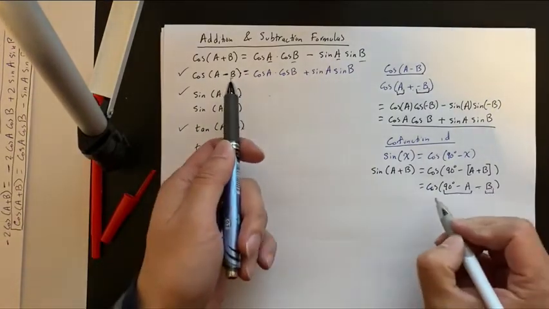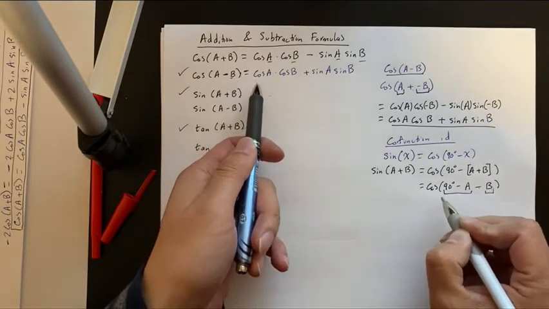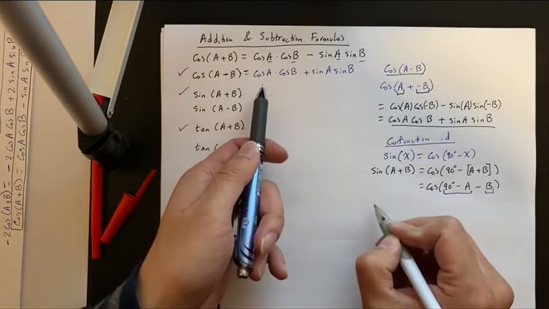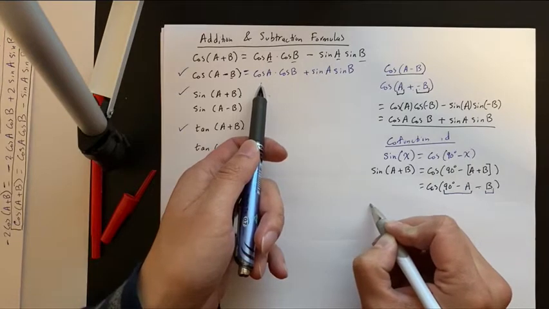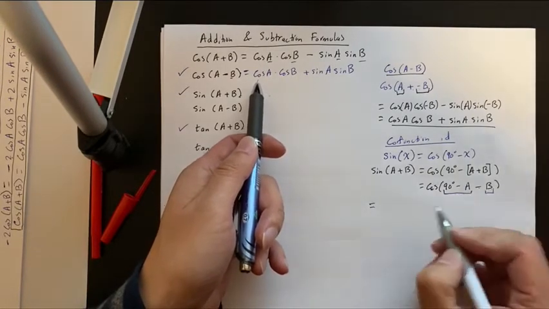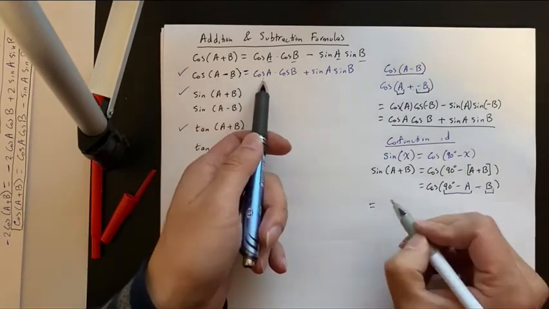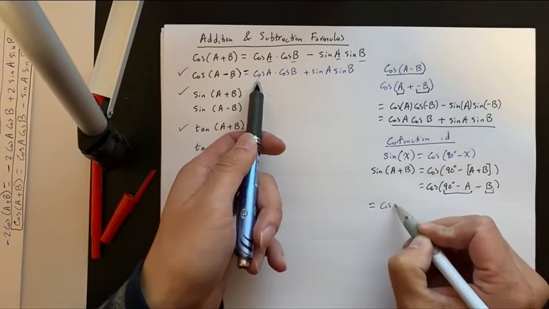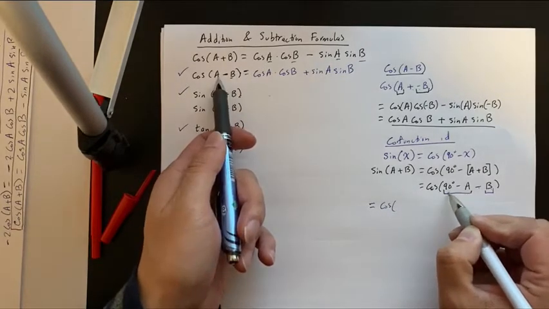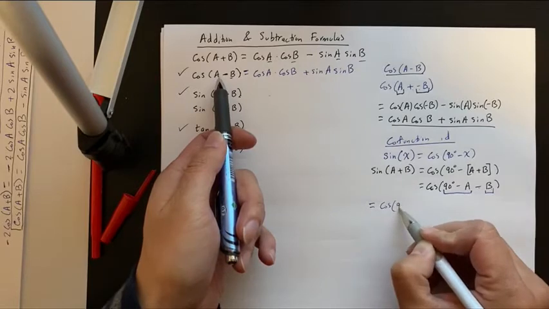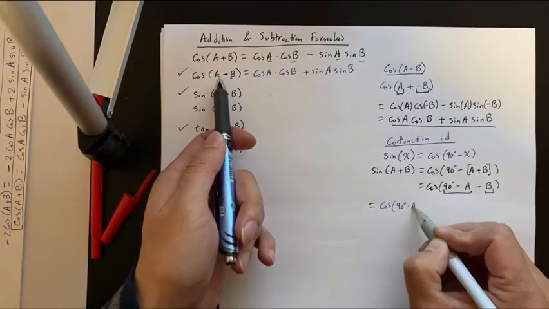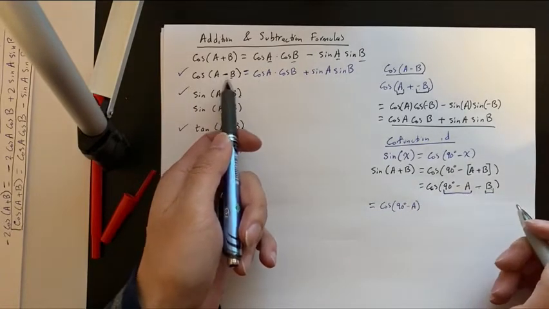So if I follow along this formula, and it's pretty long, I'm going to have to write over here, equal. So cosine of A. But what is my A? It's this whole thing. So cosine of 90 degrees minus A. See that?